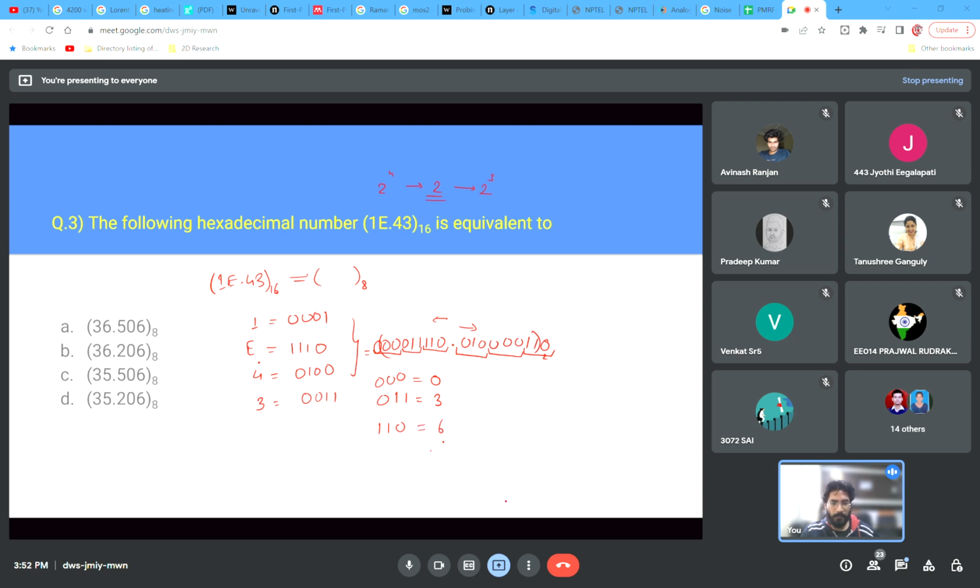And we have a decimal. Then 0, 1, 0 would become 2. 0, 0, 0 would become 0. And the last one, 1, 1, 0 would become 6. Now if we write this down, this will be 36.206 to the base 8.